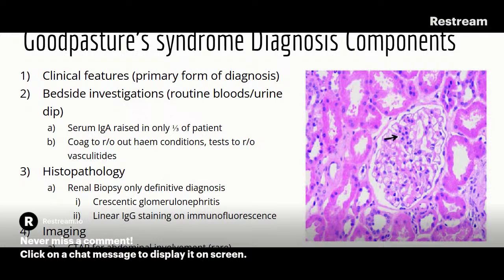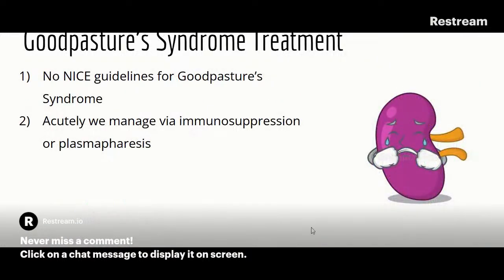But you're going to rely on your anti-GBM to drive things. From an exam standpoint, if you see something that looks like GPA, but there is anti-GBM in the blood, that is much more likely to be Goodpasture syndrome.